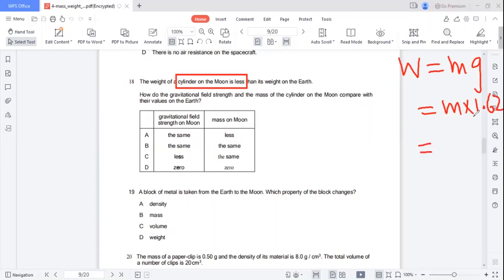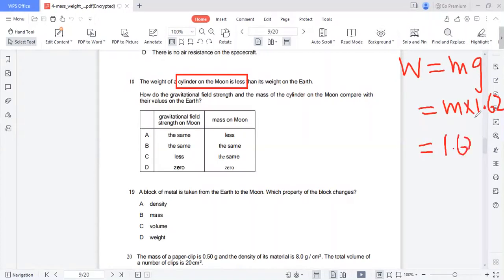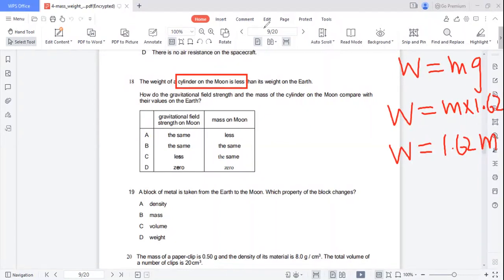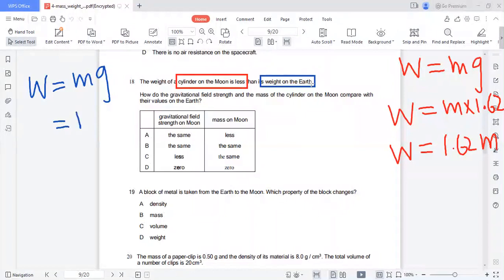So its weight is 1.62 times m. And let's see the weight on Earth. The formula is the same. Mass is m, gravitational field strength is 10, so it is 10m.